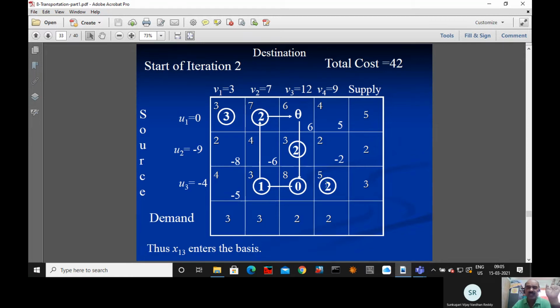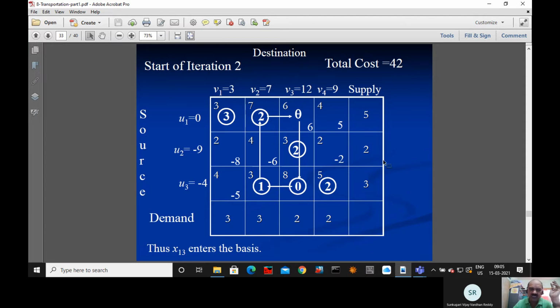Altogether, as I told, there will be 6 basic variables in this problem, that is m plus n minus 1, so 6 basic variables and 6 non-basic variables.